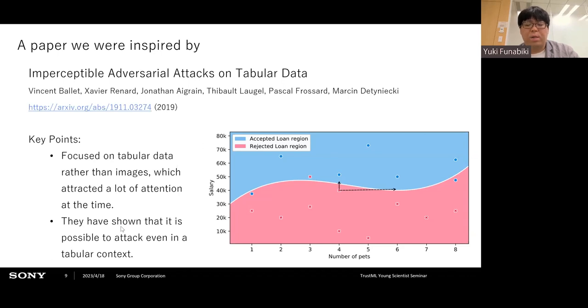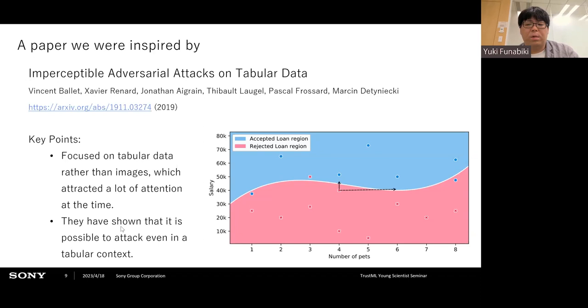For now, adversarial examples cover image, audio, graph, and other data formats. But in 2019, researchers were focused on the image domain.